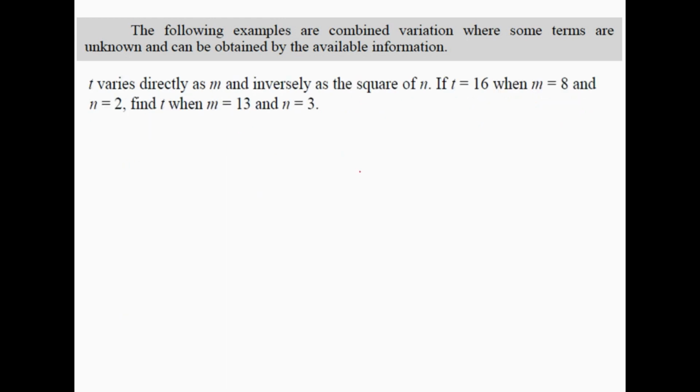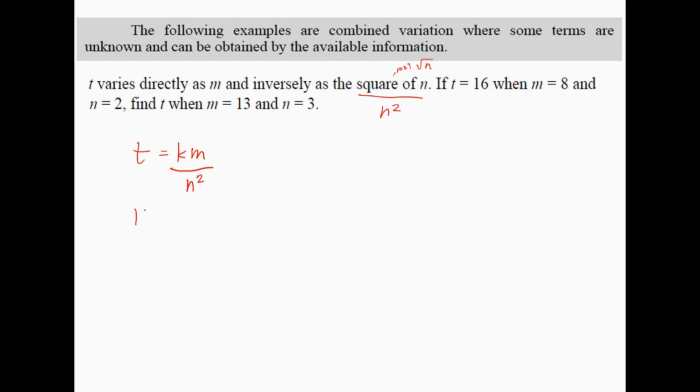Okay? So, next. T varies directly as m and inversely as the square of n. So, there is a square of n. The square of n is different from the square root of n. The square of n means n squared. For the square root of n, only if there is a root sign do you write the square root of n. Okay? So, let's solve it.